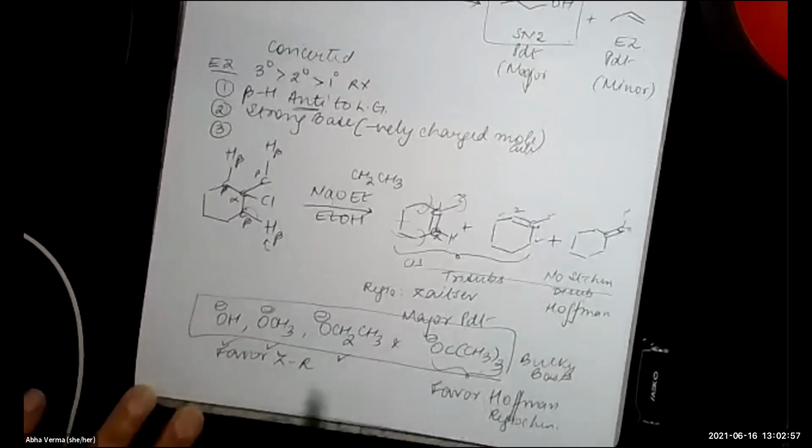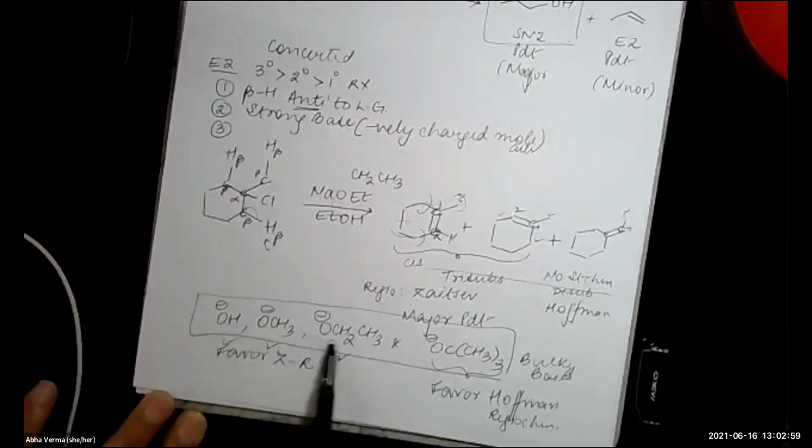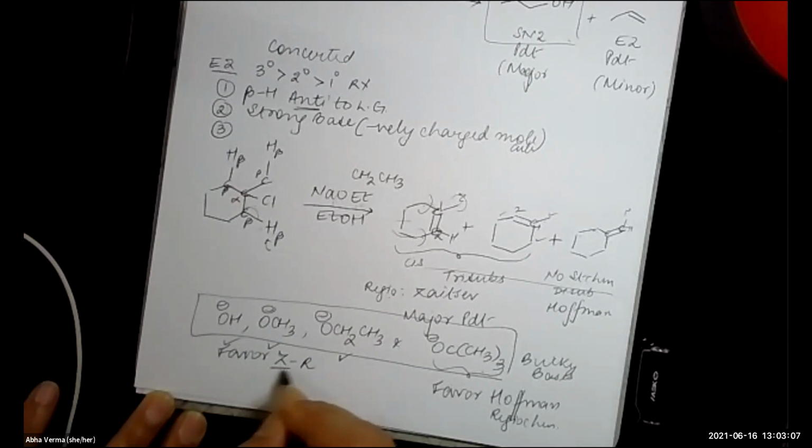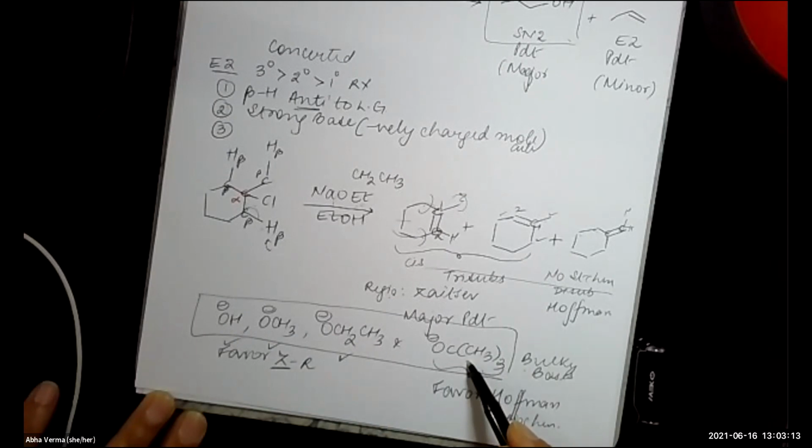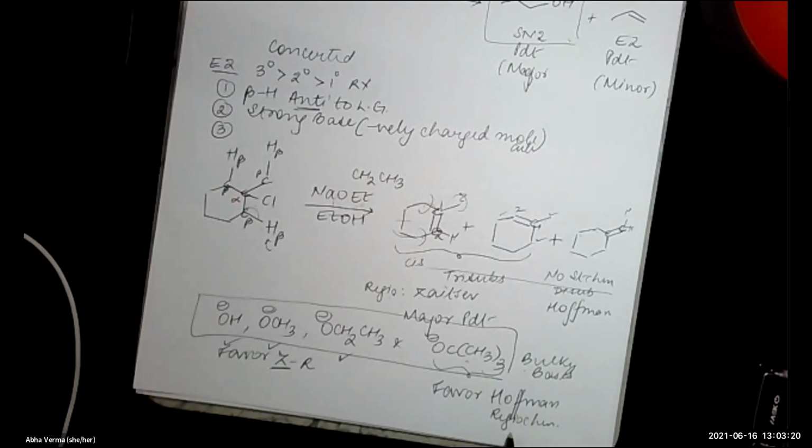Looking at the bases that I have listed here, all of these three bases, the hydroxide, the methoxide, the ethoxide, all of them favor the Zaitsev regiochemistry. But a bulky base like this tert-butoxide will favor a Hofmann product or the kinetic product for that matter of fact.